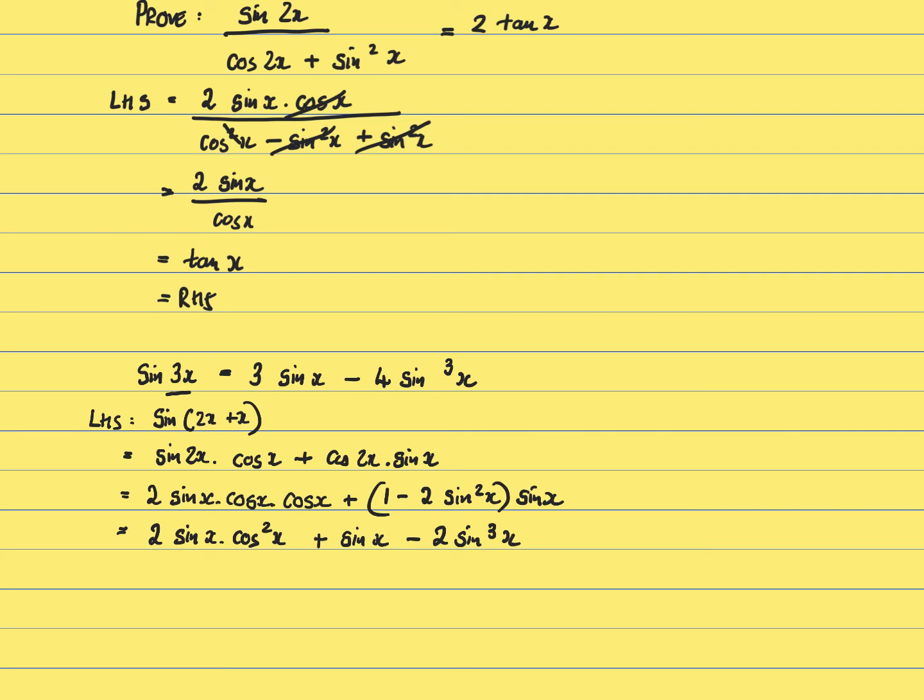Where's that going to take me? If I look at it, I could probably take out a common factor if I put the first one and the third one together. I could take out a common factor of 2 sine x, and then I'm left with cos squared x minus sine squared x plus sine x.